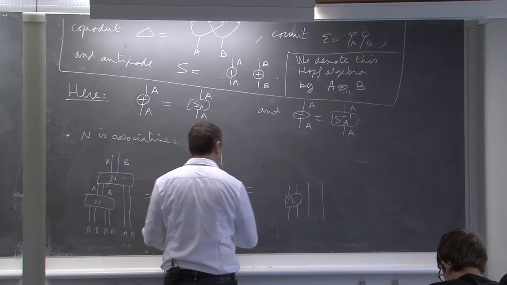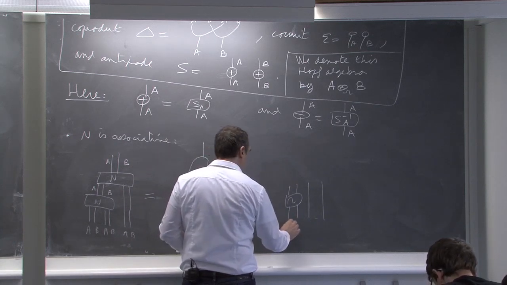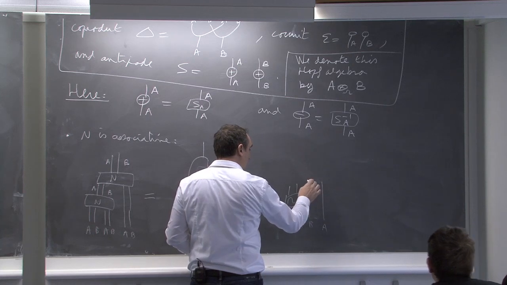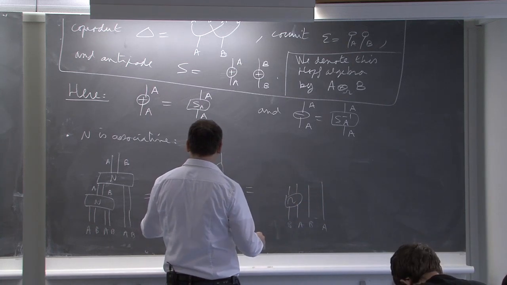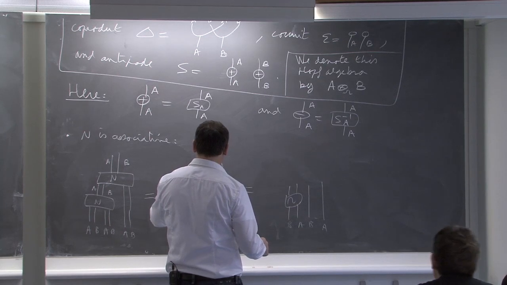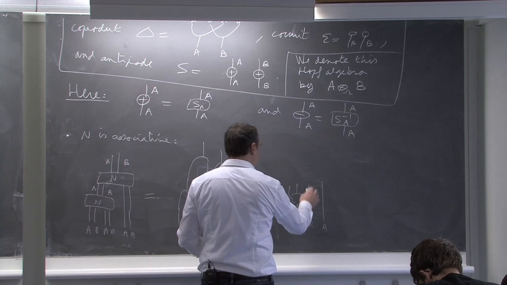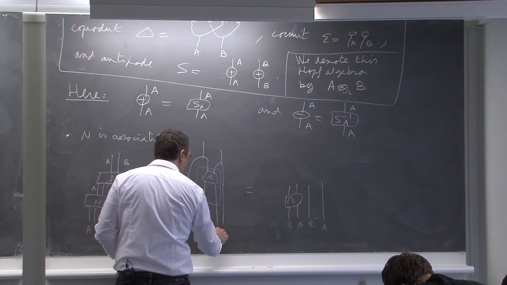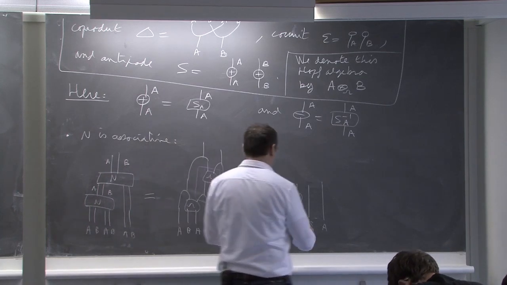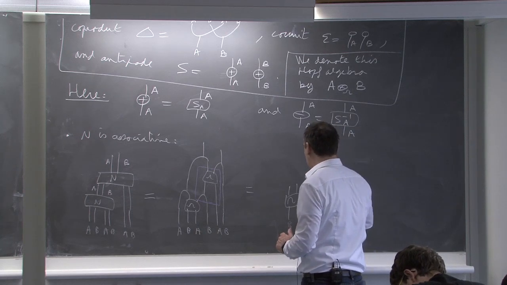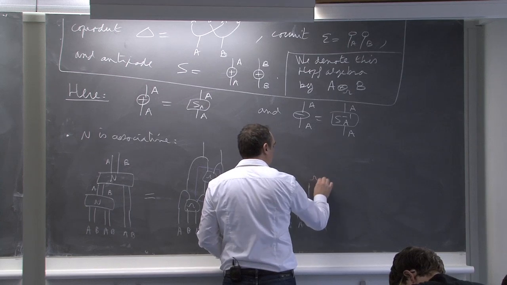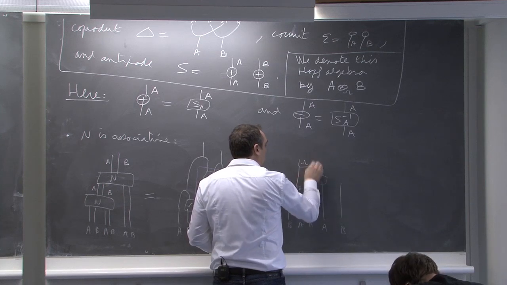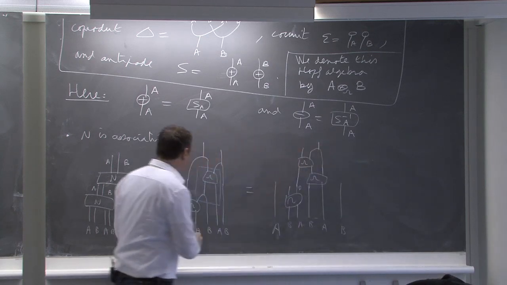So the axiom is so B A, B A A, A B A B A B. So here I have omega and B. So this is this part.